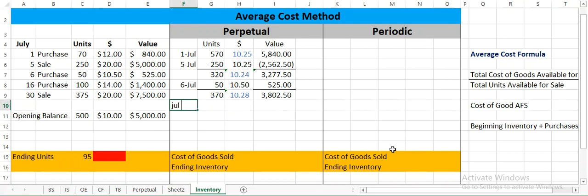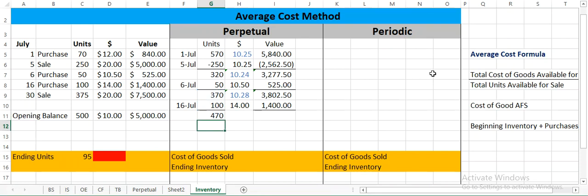This is July 16th. July 16th has 100 items purchased, and they were purchased at $14. And the value of those 100 items purchased, 100 times the 14, gives us $1,400. And so after this transaction, we need to figure out the value of our inventory available for sale after the 16th.